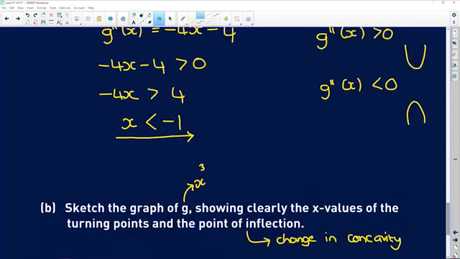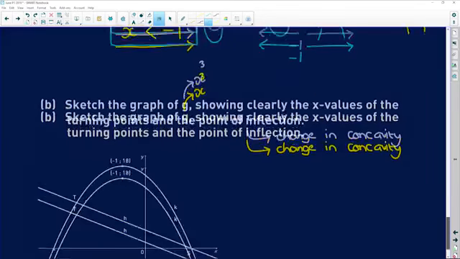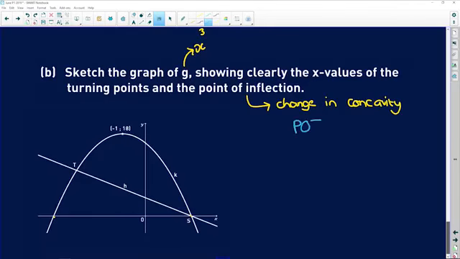So now remember, here we found that x needs to be less than negative 1 to be concave up. So from negative 1 onwards that way, it is concave up. And then from negative 1 onwards that way, it's going to be concave down. That's one thing. So we know that the point of inflection, guys, sits at x equals negative 1.